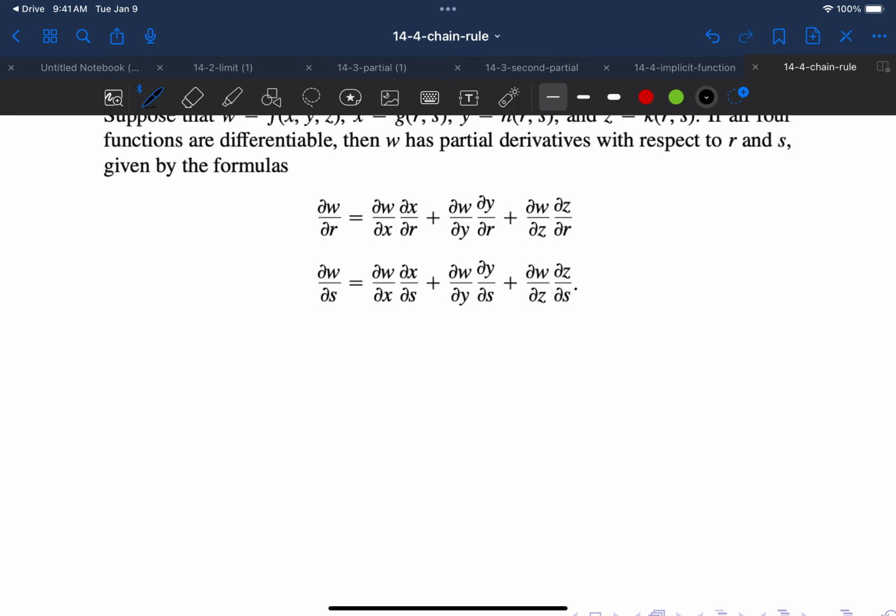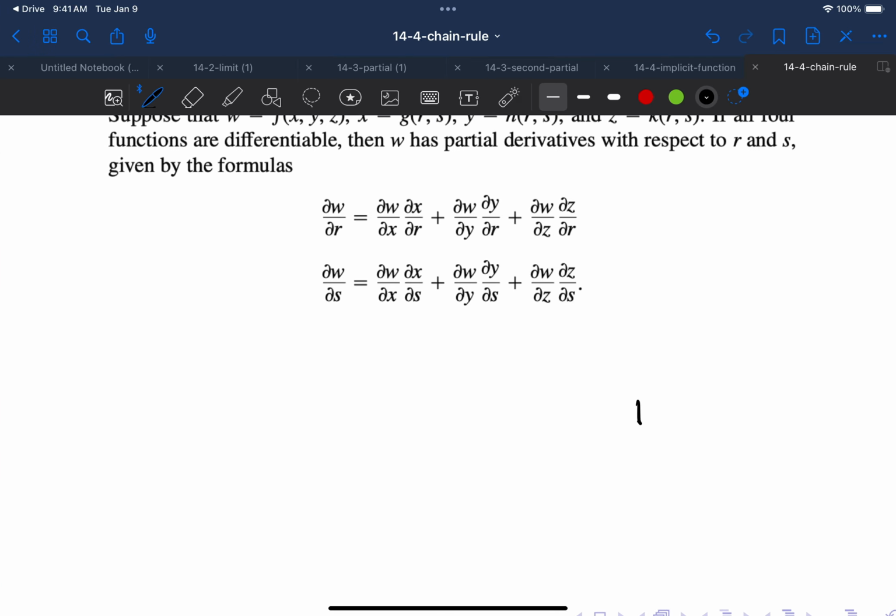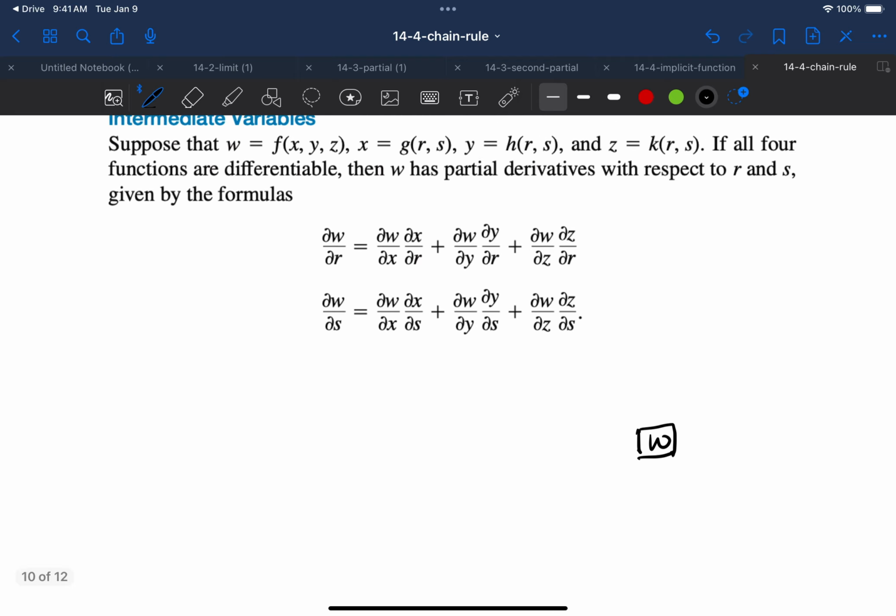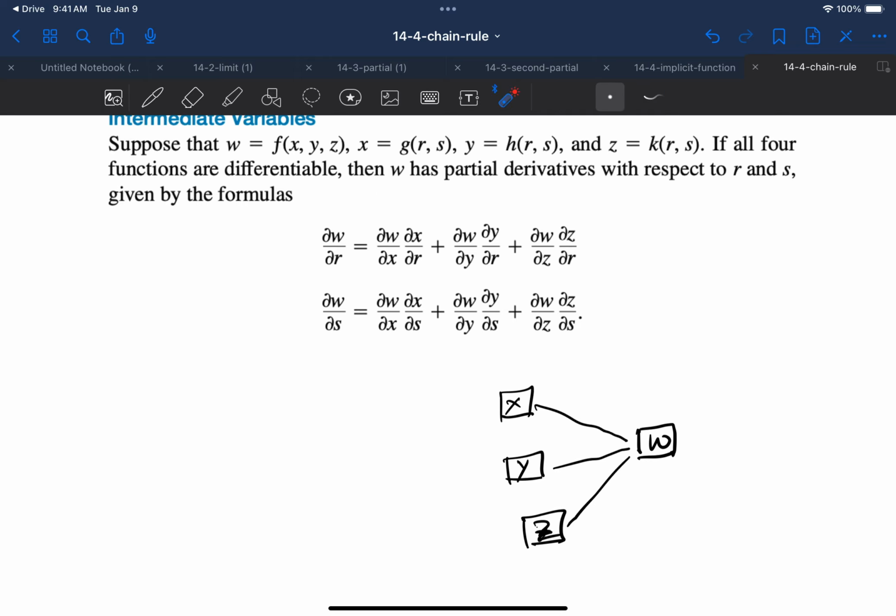So we know that w is fed by x, y, z. So we put x, y, z here. All right, again, as a function, x itself depends on r and s.